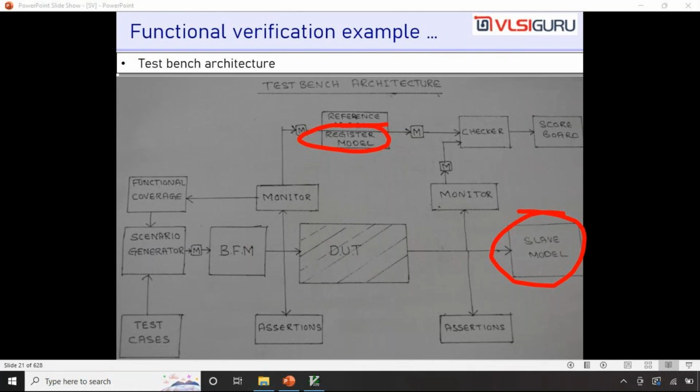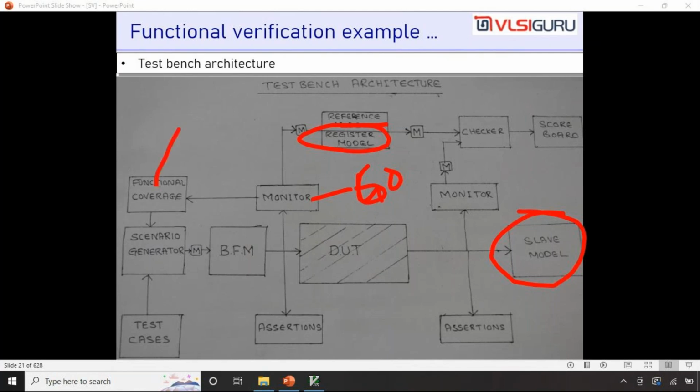Whole verification, what we are going to learn, is all about how you efficiently develop a generator. How do you efficiently code a BFM? How do you efficiently code a monitor? How do you efficiently code functional coverage? 5 months and 10 components. Isn't it very easy? Actually, very easy, because a monitor is only hardly 40 lines of code. The biggest monitor we coded in the project in the whole institute is probably 60 lines of code.